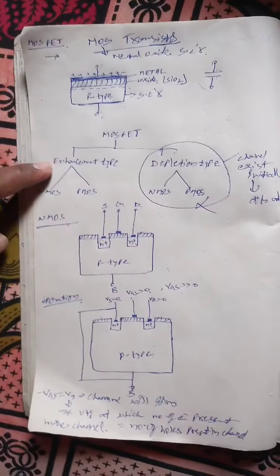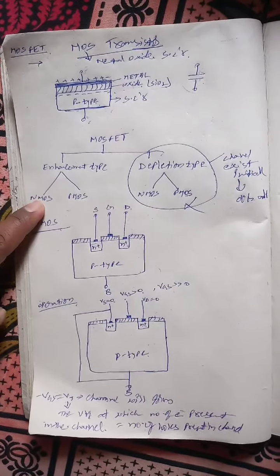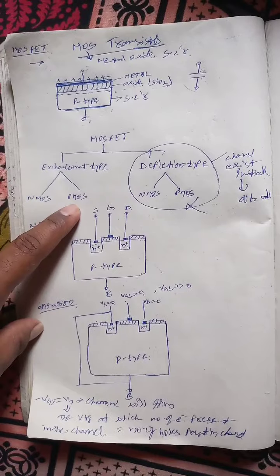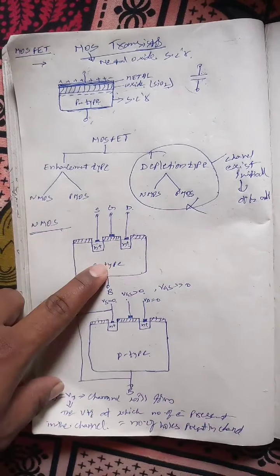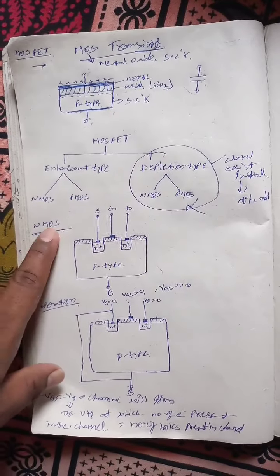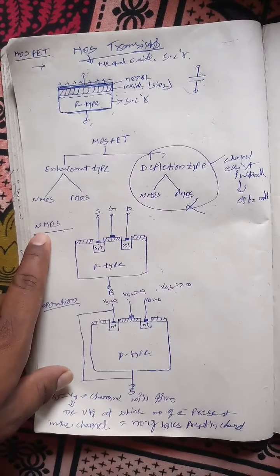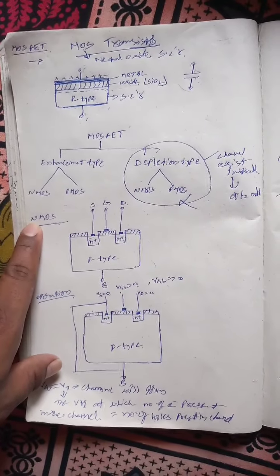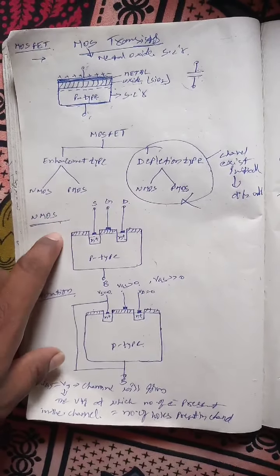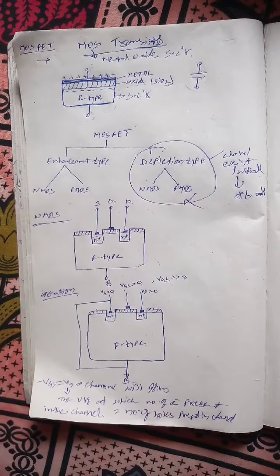In the enhancement MOSFET there are again two types: N channel MOSFET and P channel MOSFET. The NMOS is designed like this. I already told that NMOS is nothing but an N channel MOSFET. That means N substrate is in higher amount and the P substrate is in lesser amount.